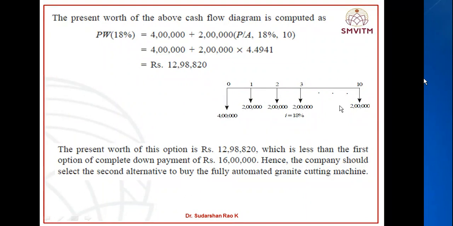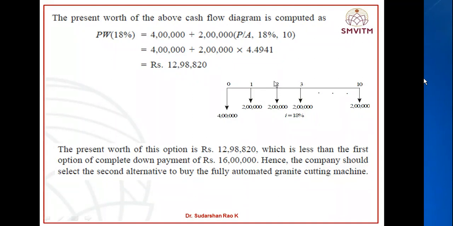So 4 lakh, because all these are expenditures, plus 2 lakh into P by A. You have to convert the annuity into present value, that is P: 2 lakh into P by A, 18%, 10. That value is 12 lakh 98,820.